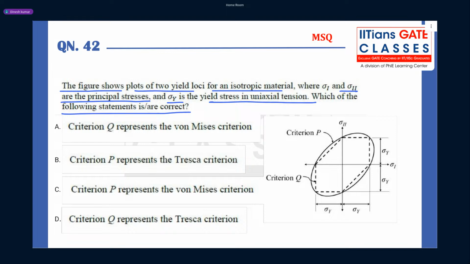For Tresca's theory, this dotted one is the failure criteria pictorial view. So this dotted one, Q, represents Tresca's criteria, and this oval, P, represents von Mises. So C and D are correct.